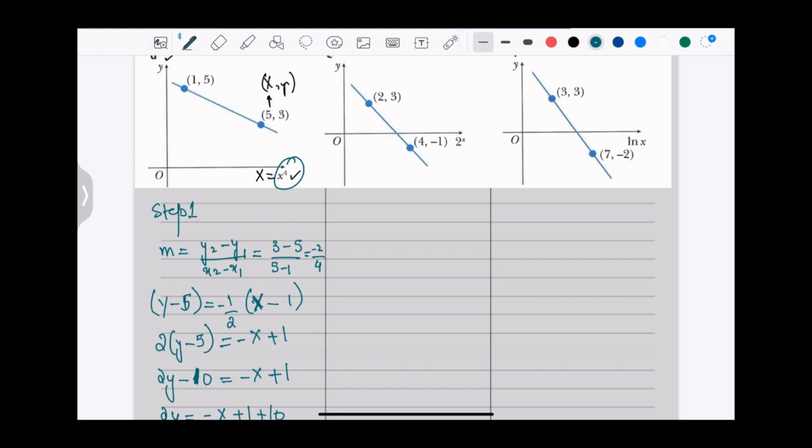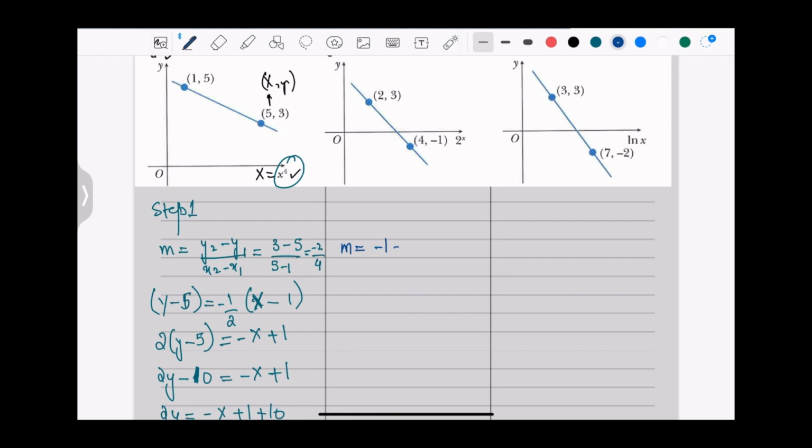So if I see this question here, the gradient is m equals, I'll directly find it out, negative 1 minus 3 over 4 minus 2, which gives you negative 4 over 2, which is negative 2. And y minus y1, which is 3, equals negative 2 times X minus 2, and y minus 3 is negative 2X plus 4.